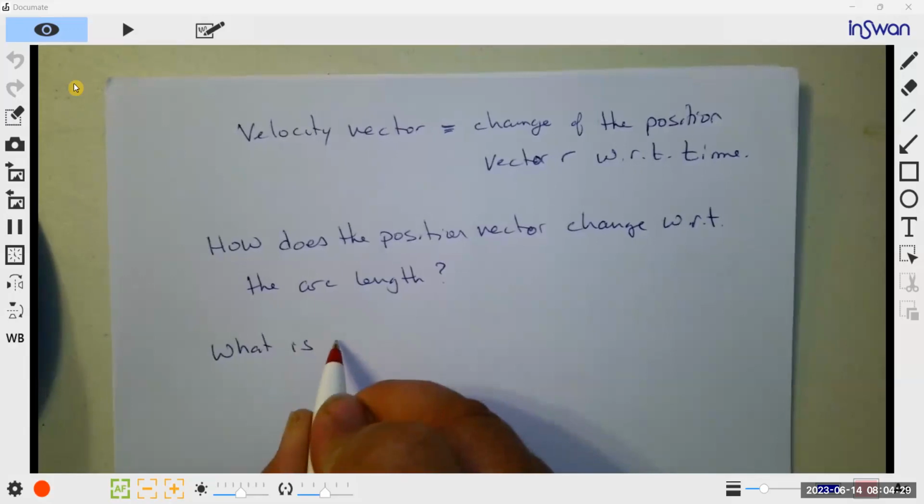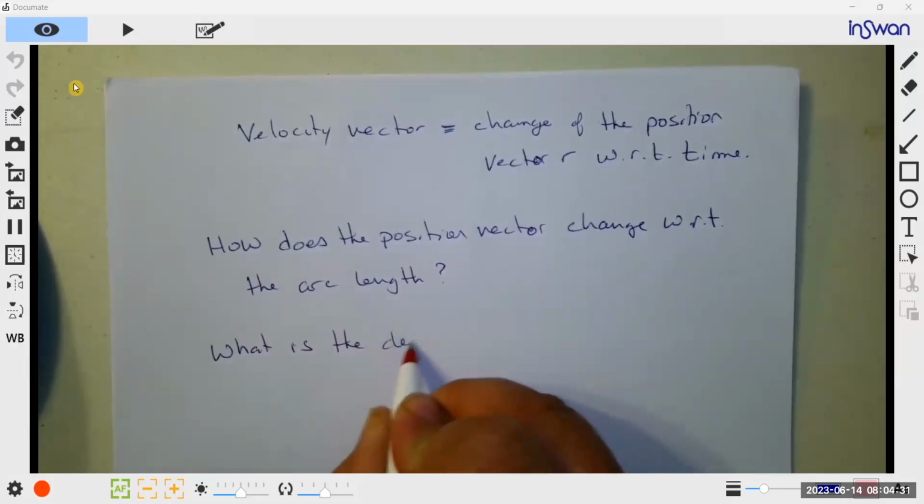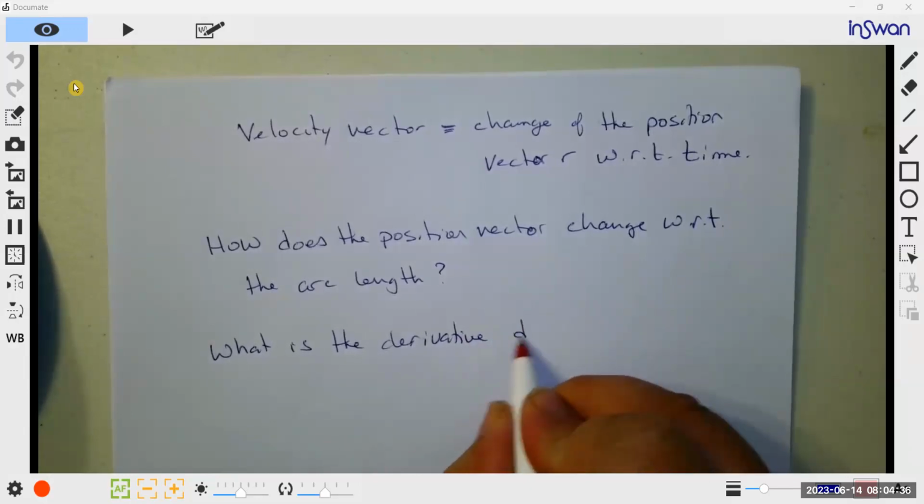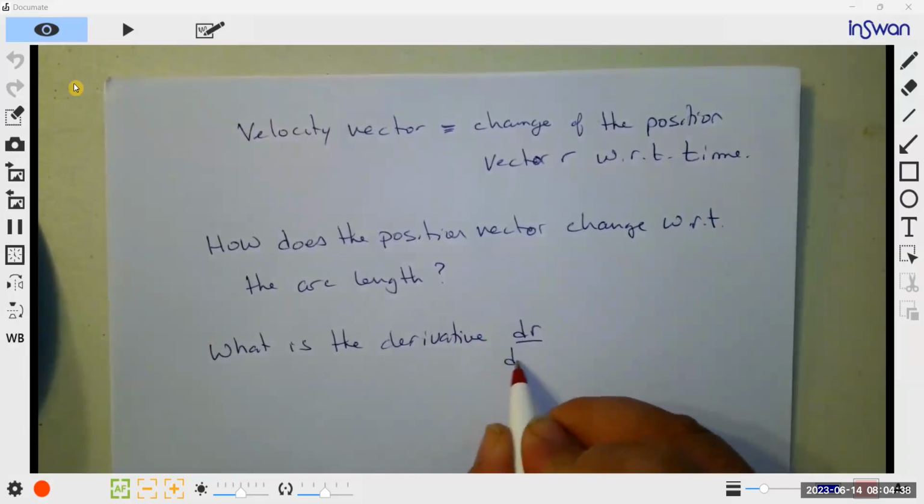And second, what is the derivative dr ds?